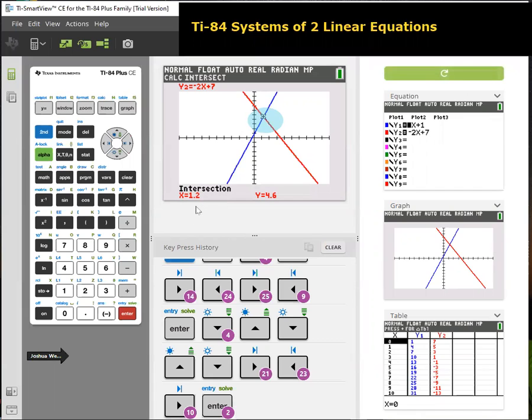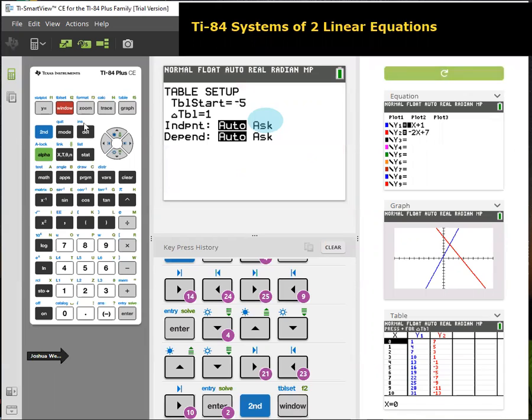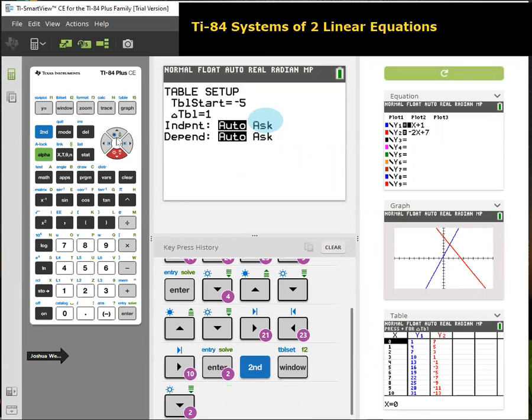So since it's 1.2, as I mentioned before, we didn't know that when we calculated the intersection. However, we can do the table setting of the window, and we can change the table step, this triangle table, the change step, to 0.1.